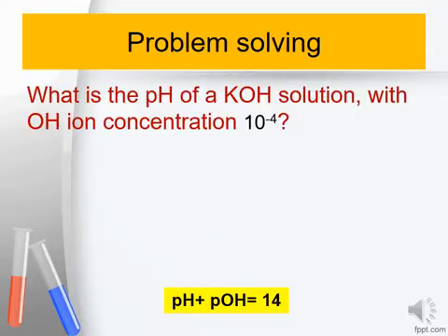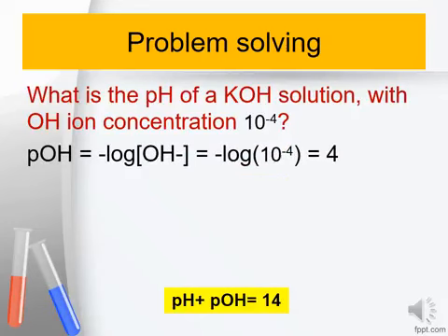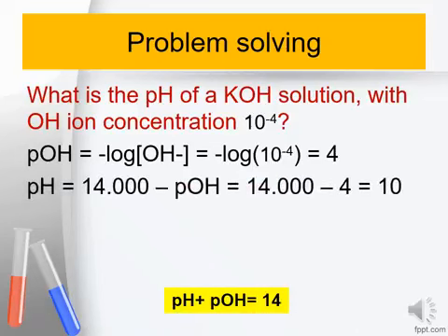First, I'm going to calculate the pOH. pOH equals negative log of the hydroxyl ion concentration, and here hydroxyl ion is 10 to the power negative 4. Then pOH equals negative log 10 to the power negative 4, and it is 4. So what about the pH? Again, from the equation, pH plus pOH is equal to 14. Then pH equals 14 minus 4, it will be 10.